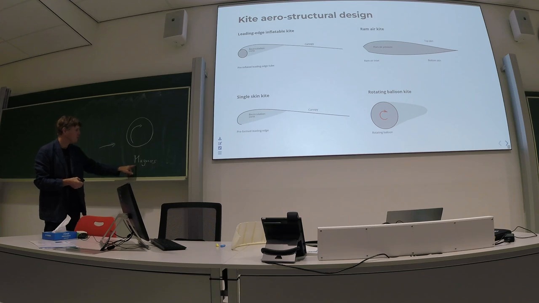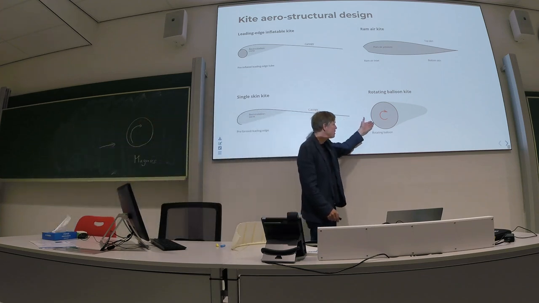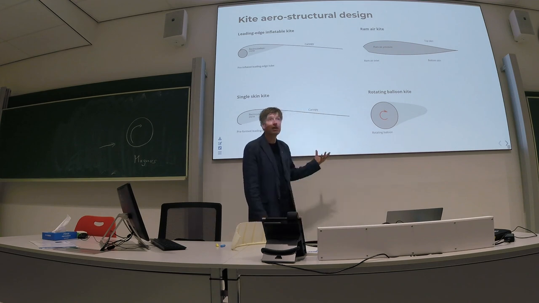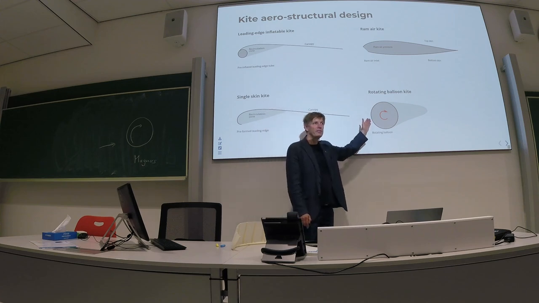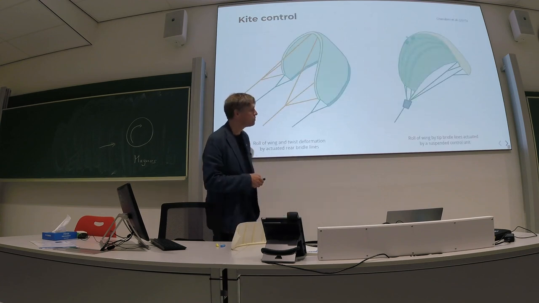And that uses the Magnus effect. And there have been concepts that also use this as a kite. The advantage is the lift force you can create is very high, but it's also more complex.